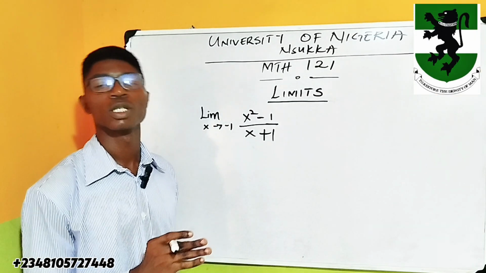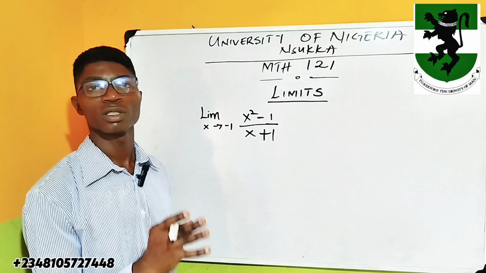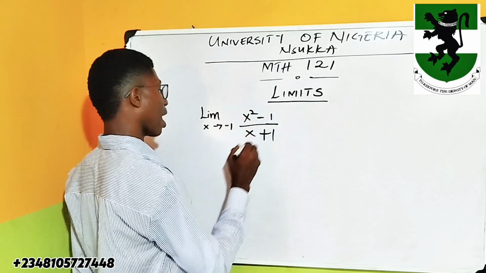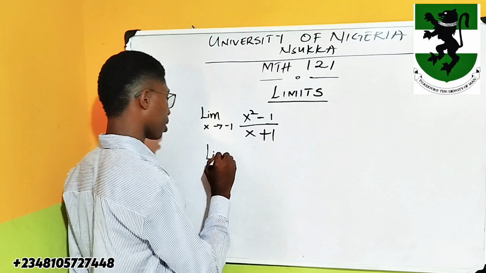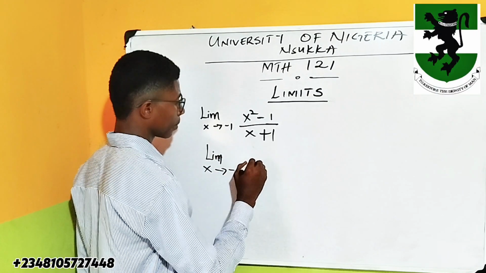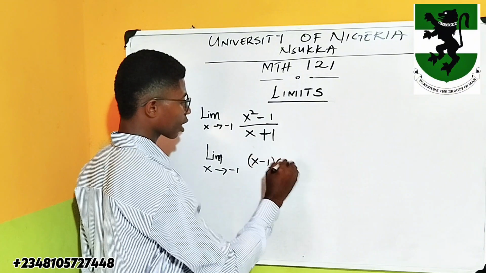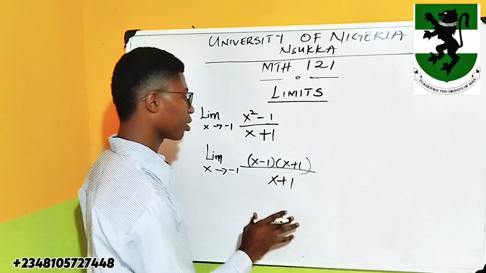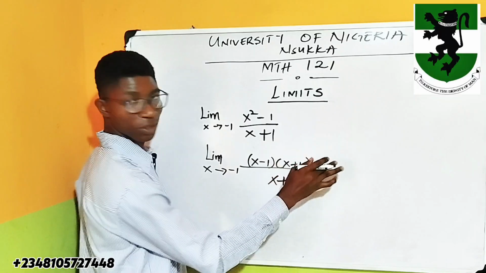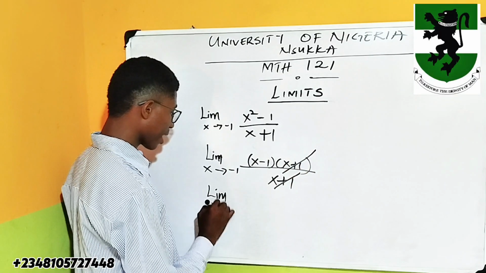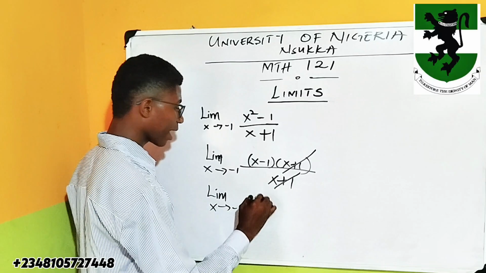Now let's use the method of differences of two squares to solve the same question. We can rewrite this as (x minus 1)(x plus 1) all over x plus 1. What is common? x plus 1 is common, hence we cancel out this. We're left with the limit as x approaches minus 1 of x minus 1.